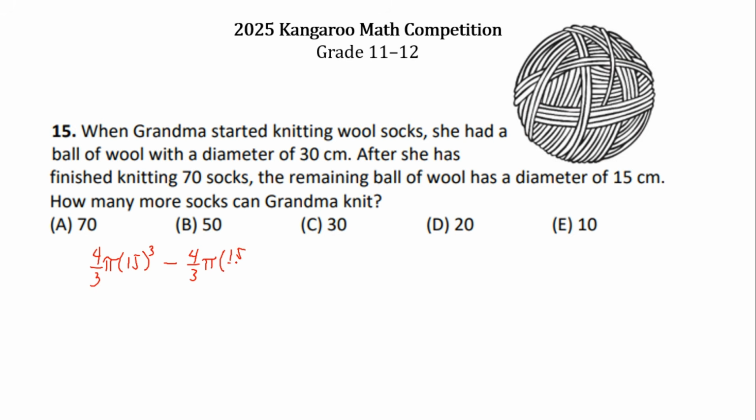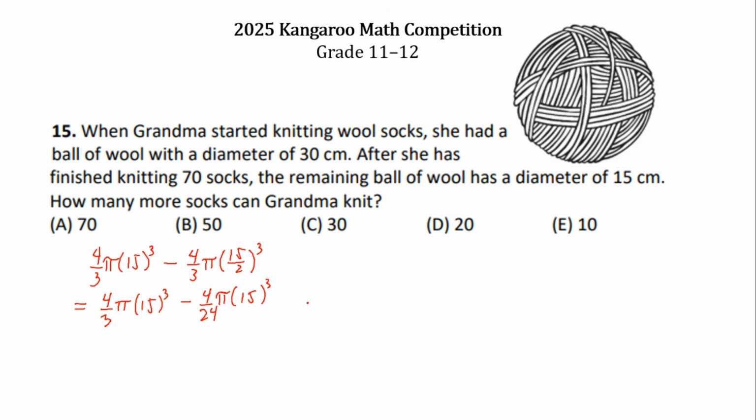Now I'm not going to simplify everything since I'm expecting that common factors will cancel later on. So this is equal to 4/3 pi 15 cubed minus 4 over 24 pi times 15 cubed.